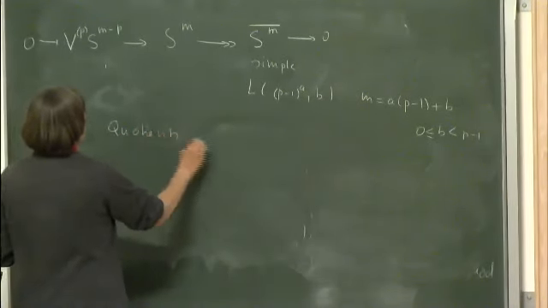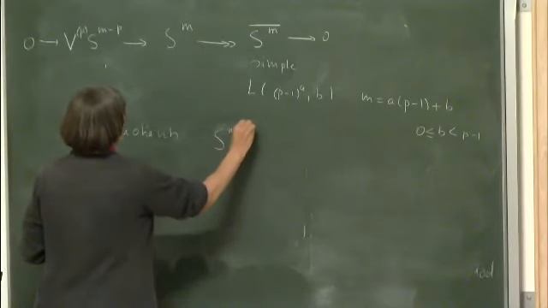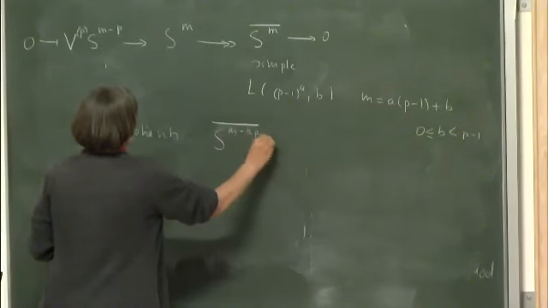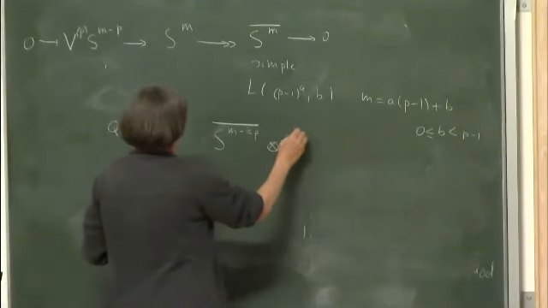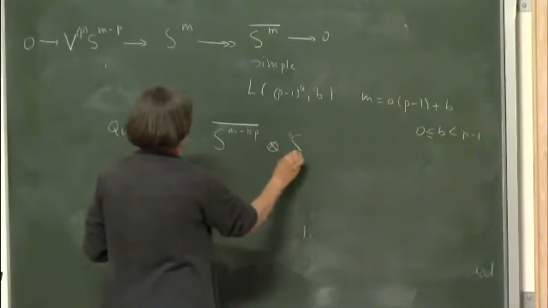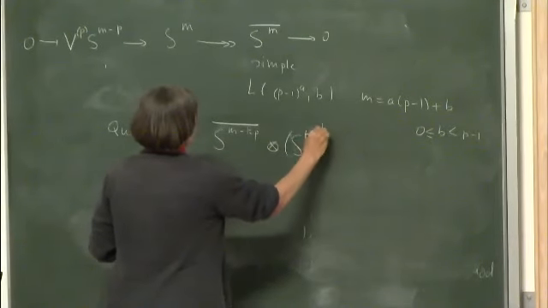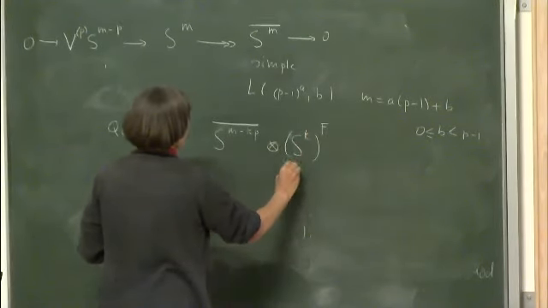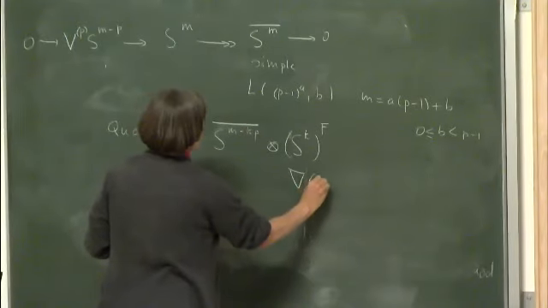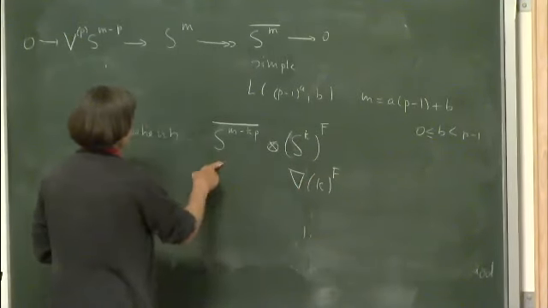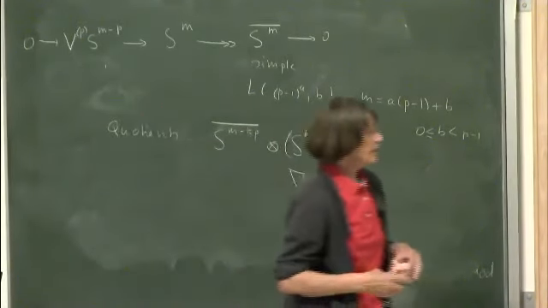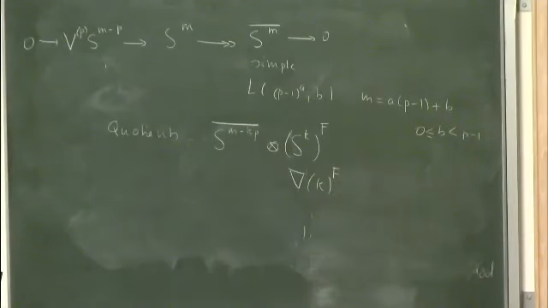The quotients are just of the form S^(m-kp) tensor S^k twisted. And so this is again a dual Weyl module, so this is nabla k twisted, and this is a simple one. And so you have p-good filtrations, and we get also p-good filtrations for the M^D, and it looks very similar.